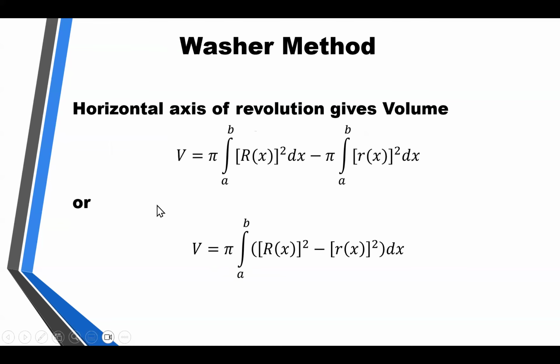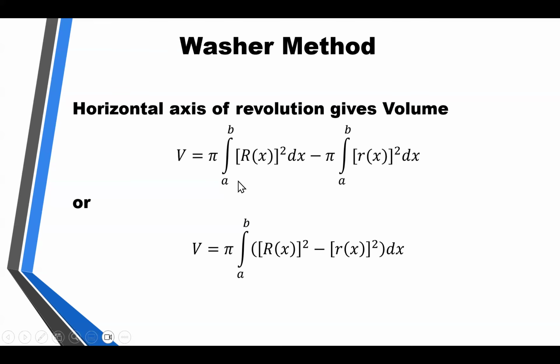This is often called the washer method. The volume of an object that we create when we take a region and revolve it around a horizontal line, we can find by using a disk method minus another disk method.